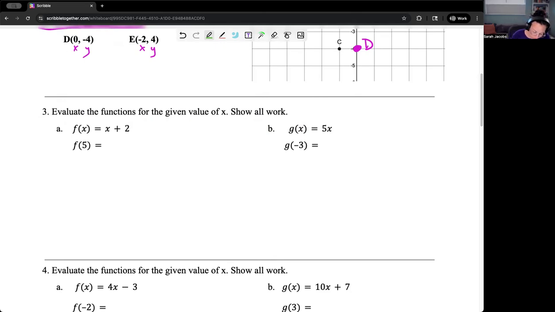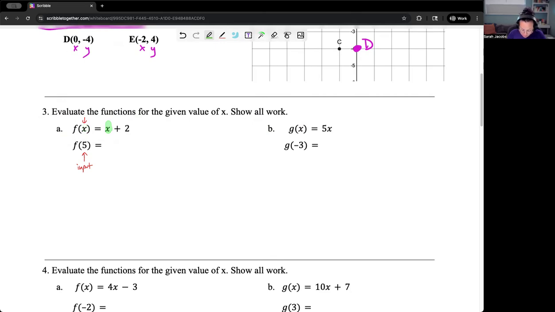Okay, so right here, part A, f of x equals x plus 2. So then we have f of 5. Remember that anytime we're replacing the x with a number, that means that this number is our new input. And if we replaced it right here, we also have to replace it here.